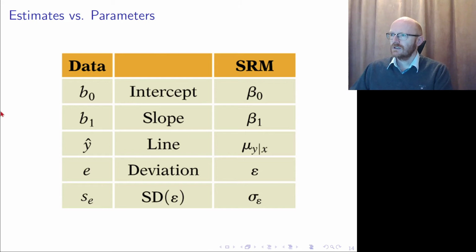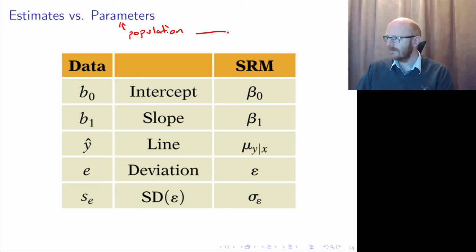Okay, so what you can't observe would be the population parameters, and those you have here, and what you can observe is from the sample, and from the sample you get some estimates.